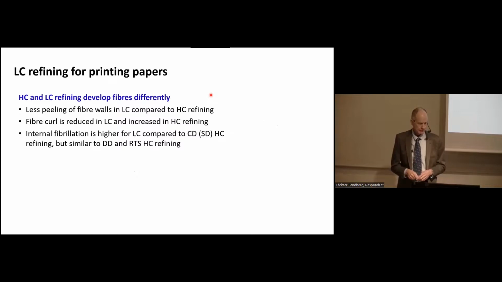Less peeling of fiber walls in LC refining. Fiber curl is reduced in LC refining, whereas it increases in high consistency. Internal fibrillation is higher for LC refining compared to CD and single disc, and the single disc refers to another study that I mentioned.